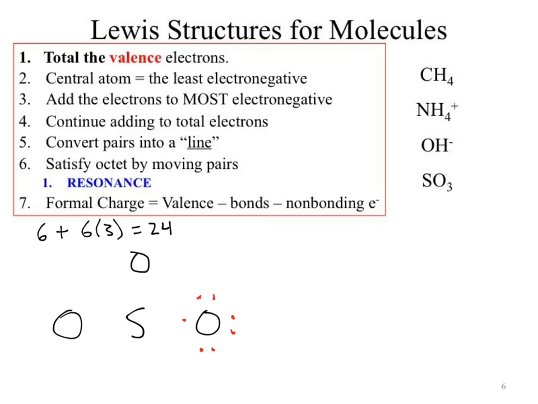So we go through an atom in pairs. Sorry, I should have done that one in 8 first. We've got 8 electrons around each of our oxygens. 8 times 3 is 24. Can I add any more electrons to the structure? Why not? That was the total valence count.